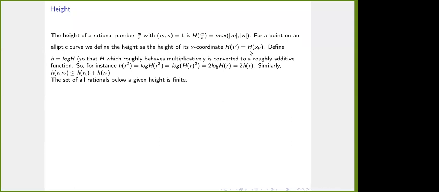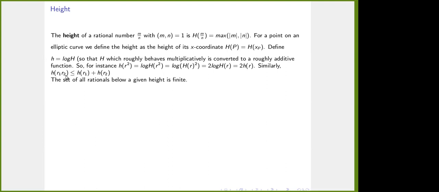And this height, capital H, is multiplicative. For instance, if I take a rational and do H of r squared, m squared by n squared, it multiplies. That's why we take the logarithm, so that the small h becomes additive. That's what I wrote here.